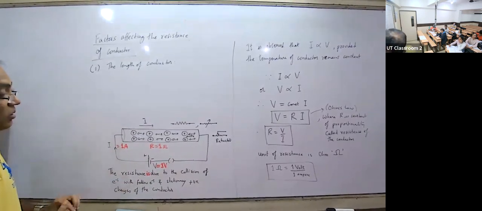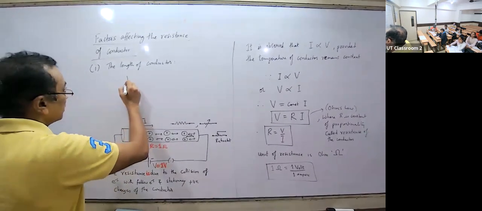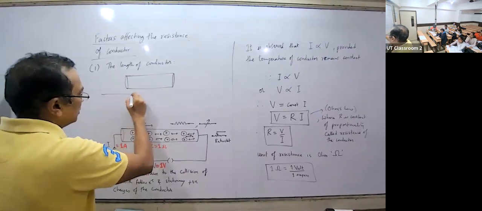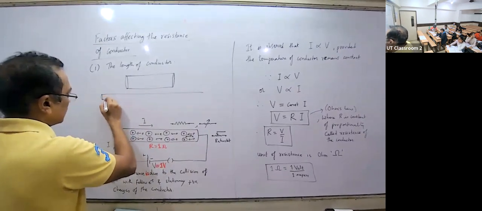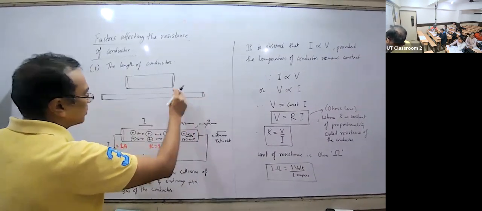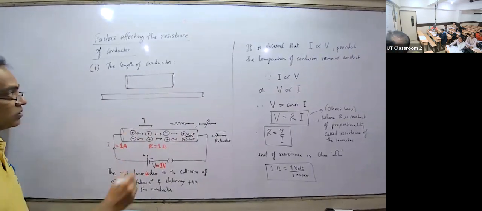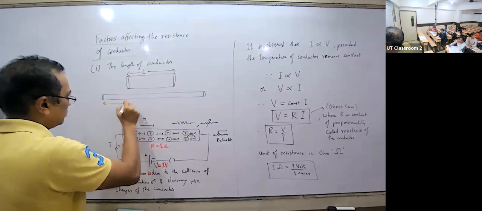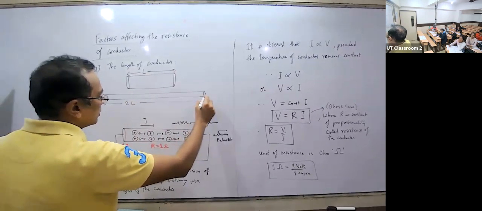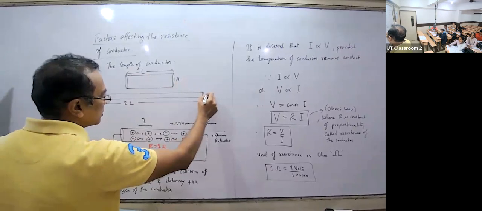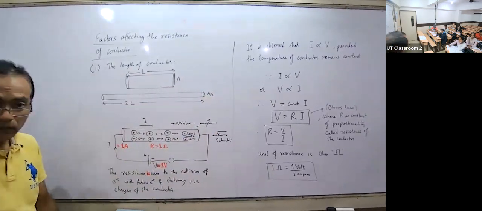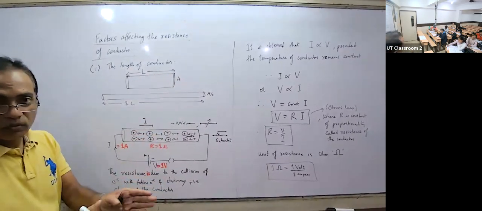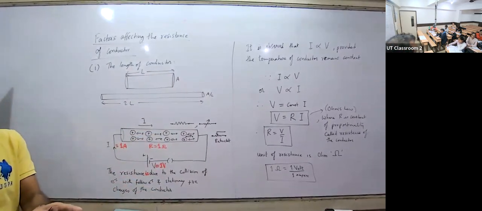Initially, if the conductor was like this, now if I stretch it, it will be like this. Half cross section, so the length is doubled. Length is now 2L. This cross section was A. Now it is A by 2. So the passage becomes narrow for the electron to move.